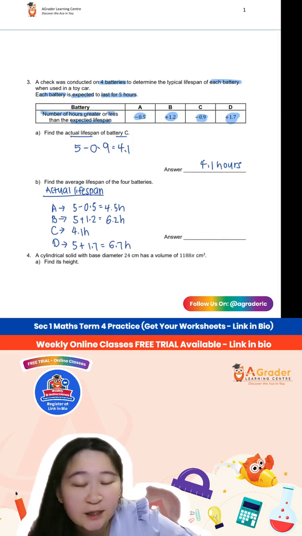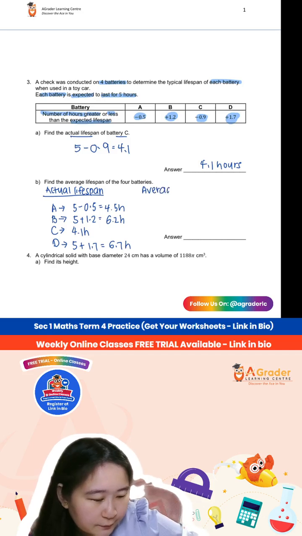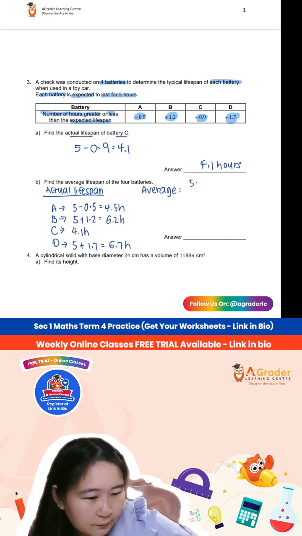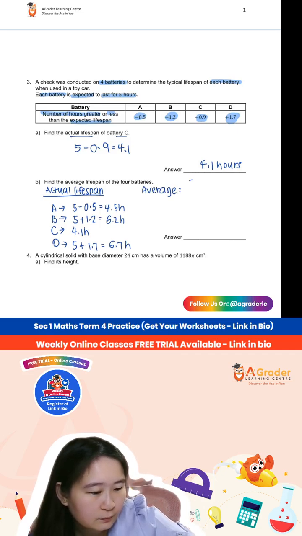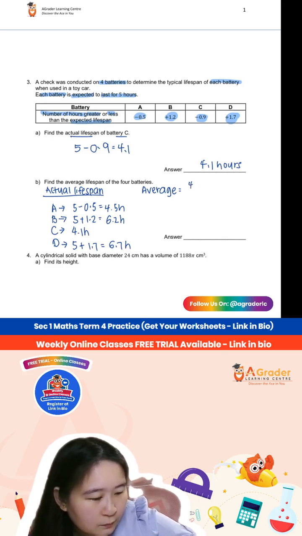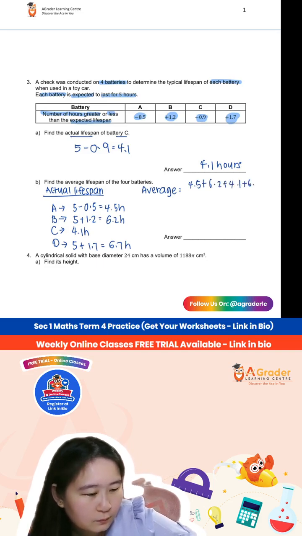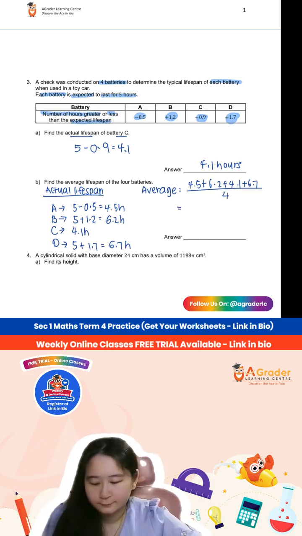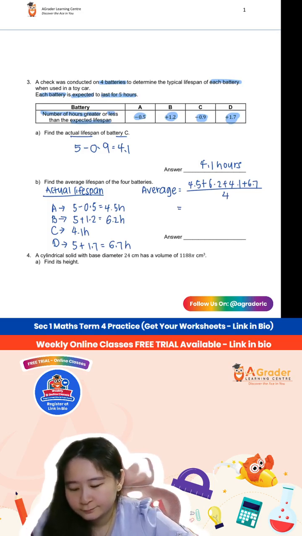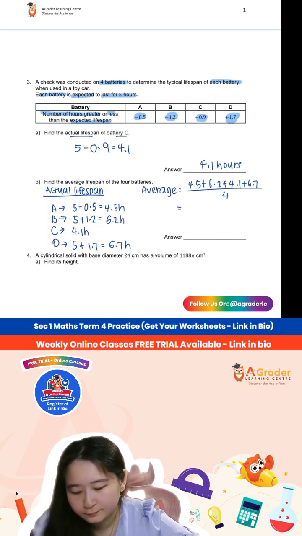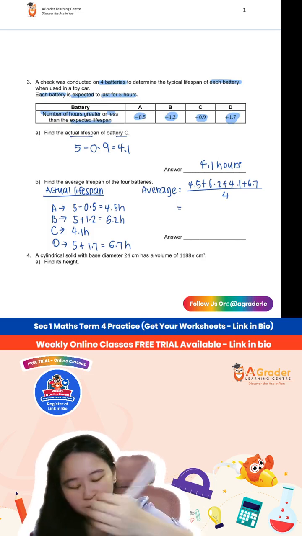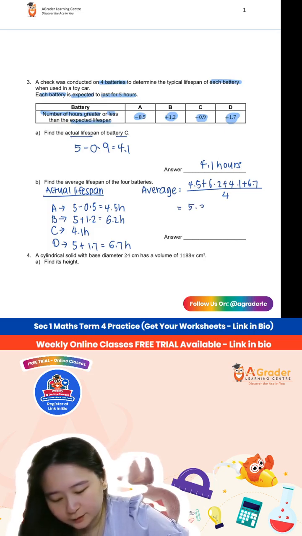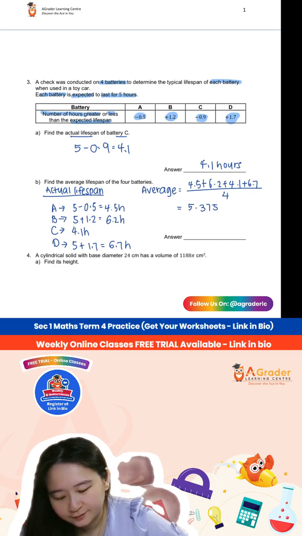Then with all the information here, we can find the average. Then divide by 4. So you should get 5.375 hours.